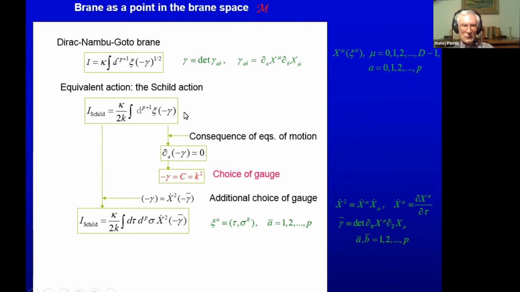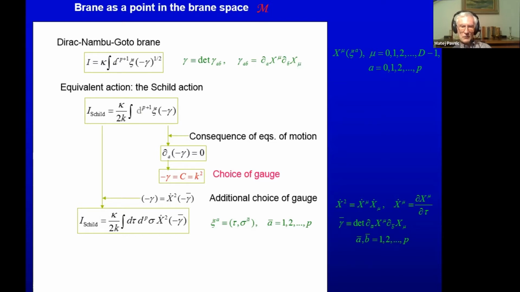Because there is no square root, this action is not reparameterization invariant. This action is reparameterization invariant, but this action is not. And a consequence of the equation of motion derived from this action is that the determinant of the induced metric is constant, kappa, k. And the choice of this k determines a gauge, that is, a reparameterization of the brane.